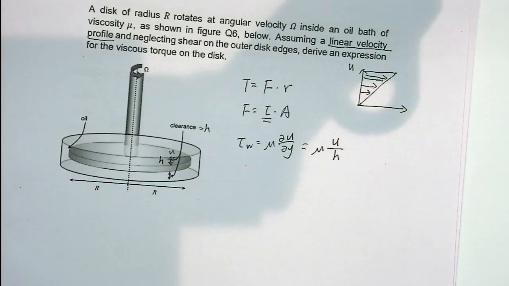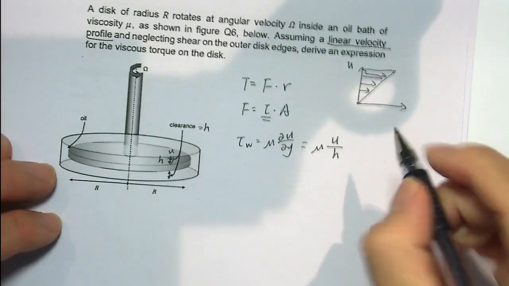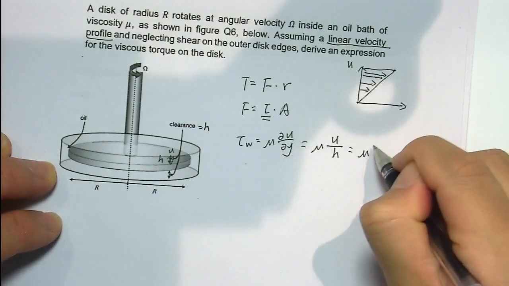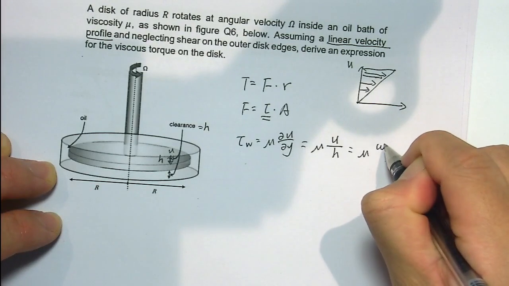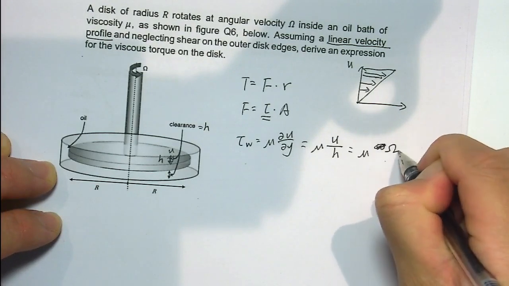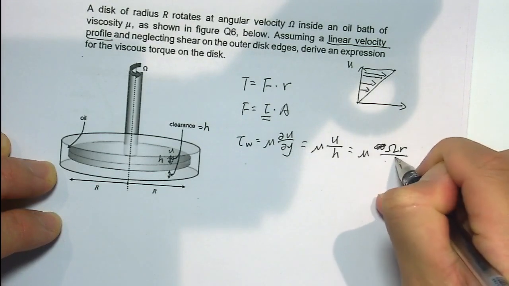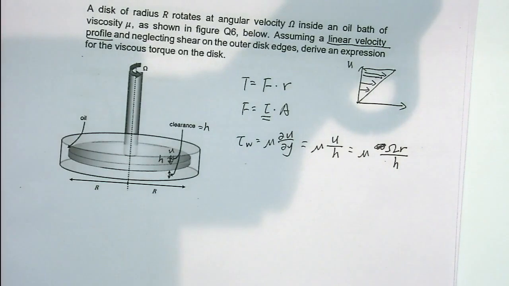We need to solve u based on the radius and omega, the rotational speed multiplied by the radius. So tau is mu omega r over h. That is the shear stress at the position.